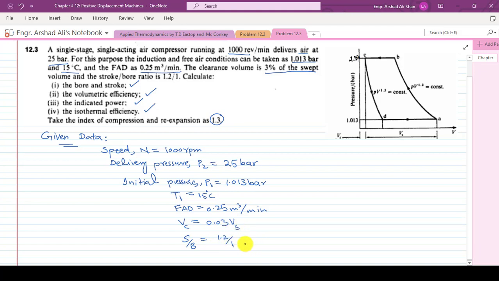Also, we have to assume the index of compression and re-expansion, n, equal to 1.3.